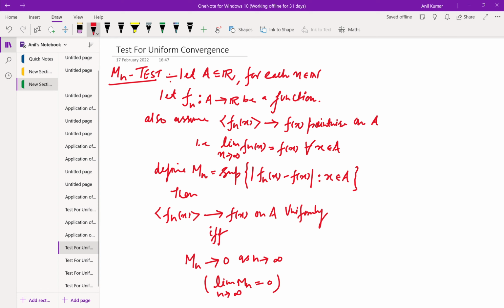Both the things are same. So ये स्टेटमेंट है कुल मिला के M_n टेस्ट की.